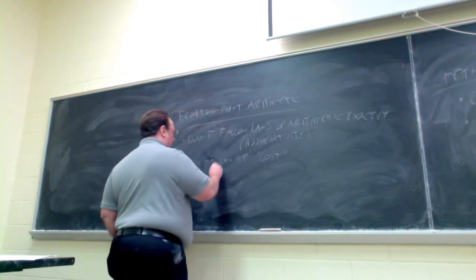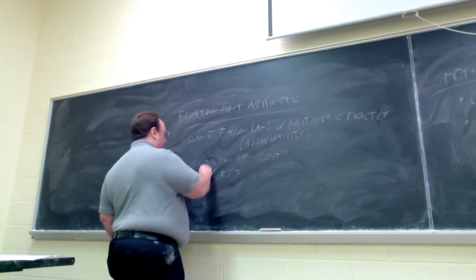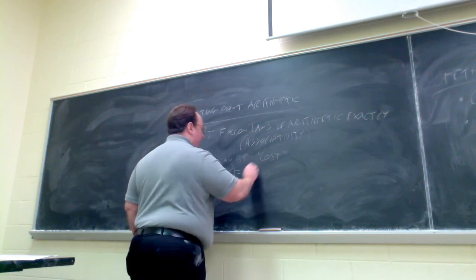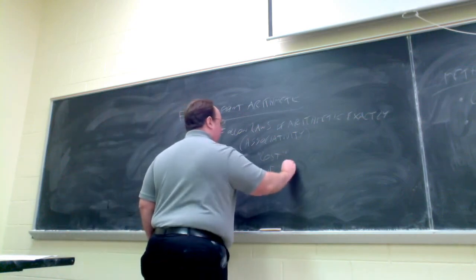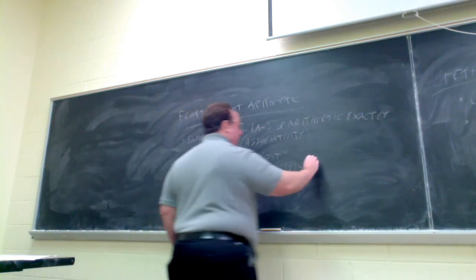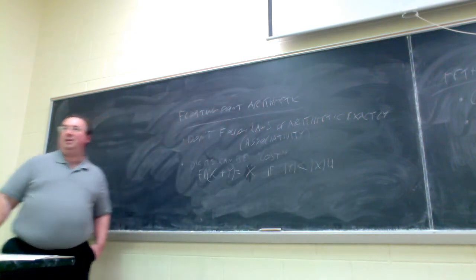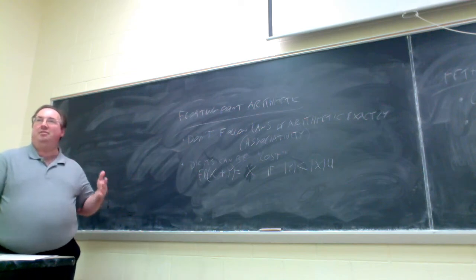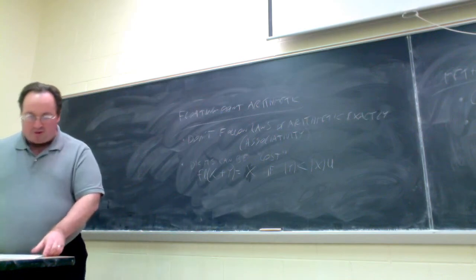For instance, the floating point representation of x plus y could just turn out to be x if the absolute value of y is less than the absolute value of x times the unit round off. So if y is so small compared to x, adding it literally won't make a dent. That's something to be aware of.